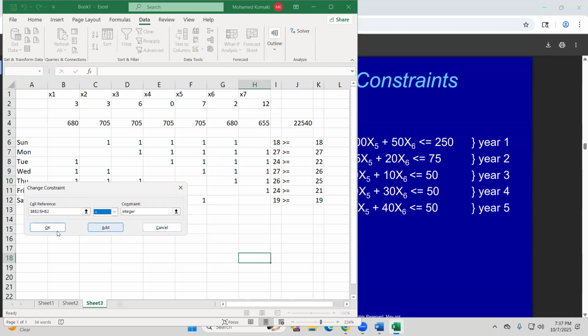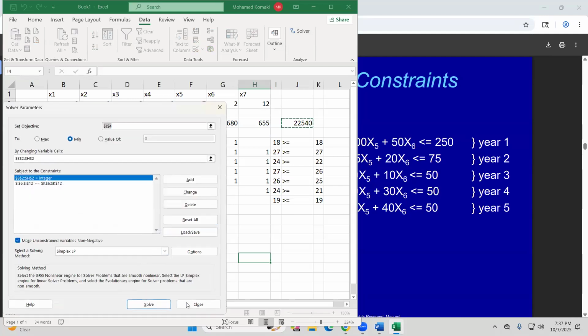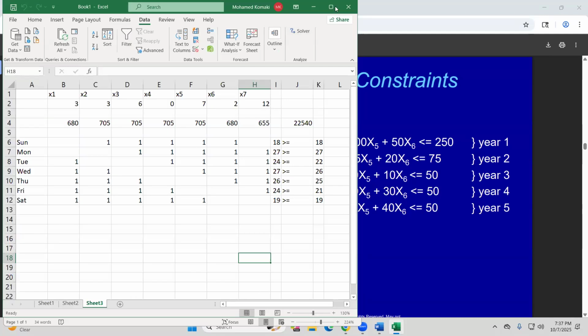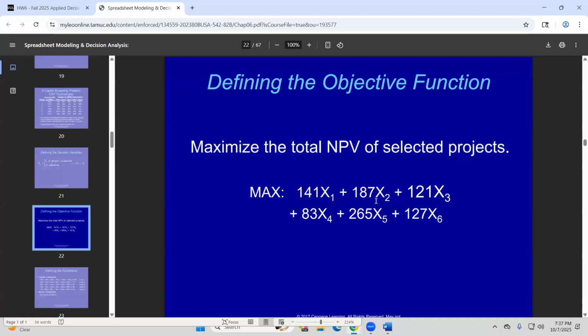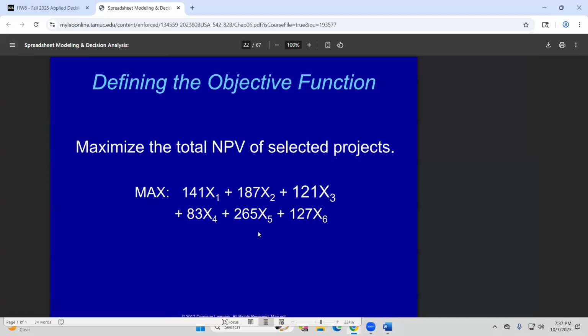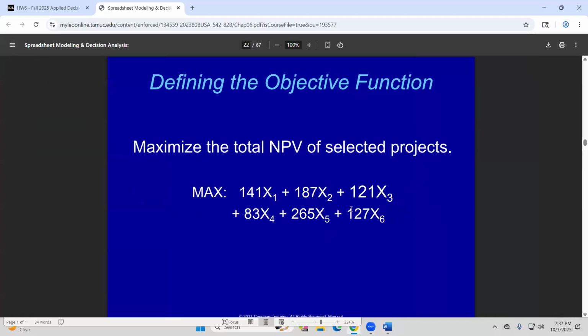So that's all. Now, can you implement this model in Excel? Okay, I want to see what you get for this one. So first start with the objective function. When you are done, I'm going to show you the answer.